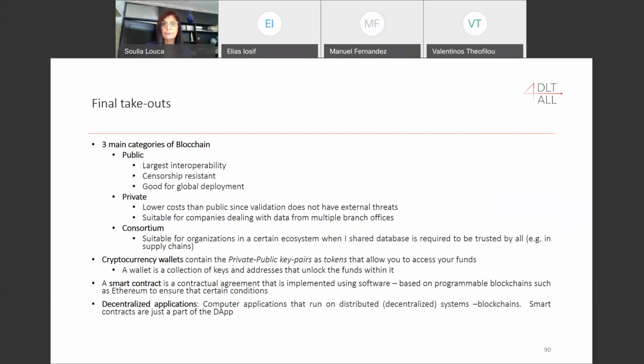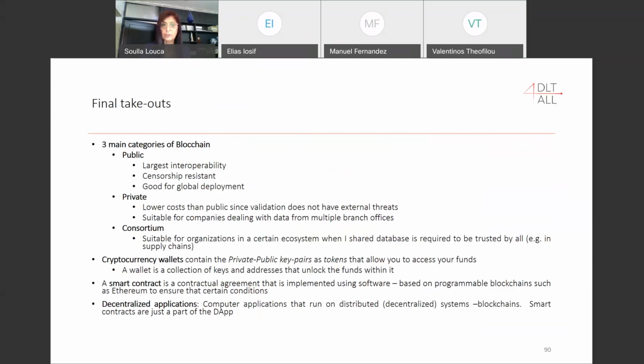Cryptocurrency wallets, what we need to remember is that they contain the private and public key pairs as tokens that enable the user to access their funds. A smart contract is nothing but a contractual agreement that is implemented using code, basically software.